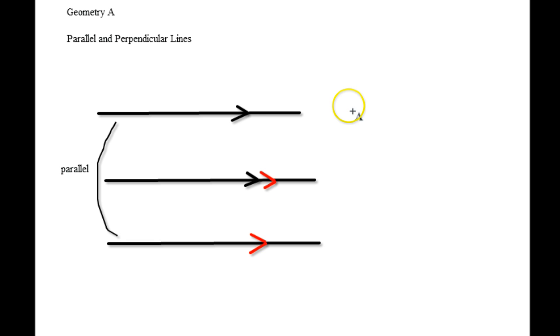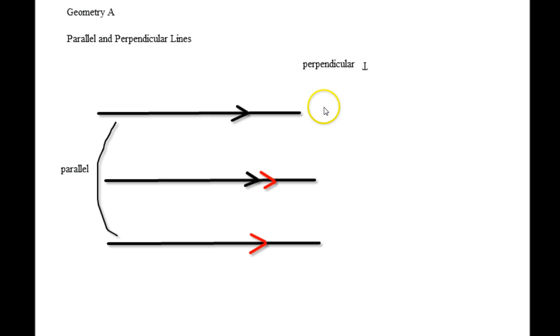Now I do want to talk about shorthand for perpendicular. I hate writing it out all the time. It's basically a capital T that has been turned upside down. So that's perpendicular right there, ladies and gentlemen.